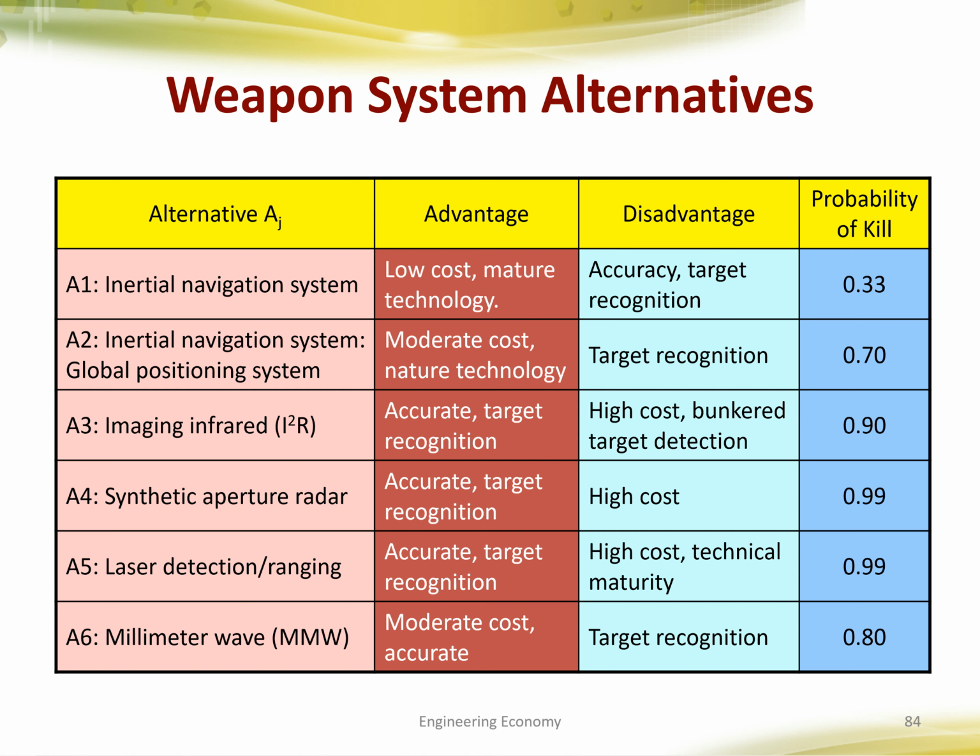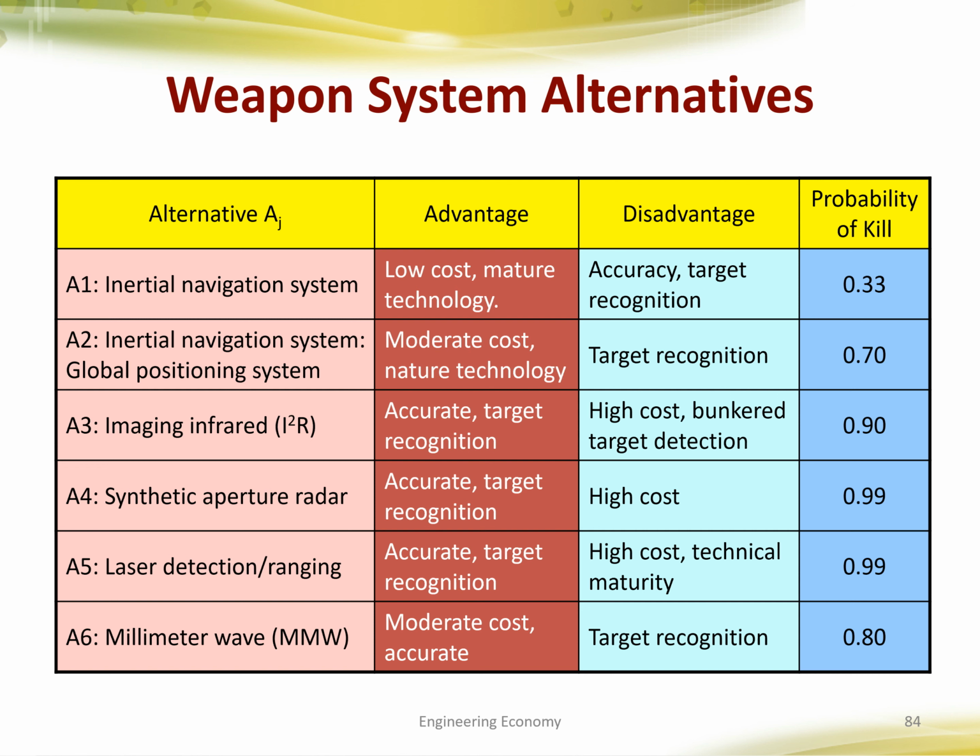Look at the last column, probability of kill from A1 to A6. You can tell that A4 and A5 have a very high probability of kill, so chances are they are more expensive.